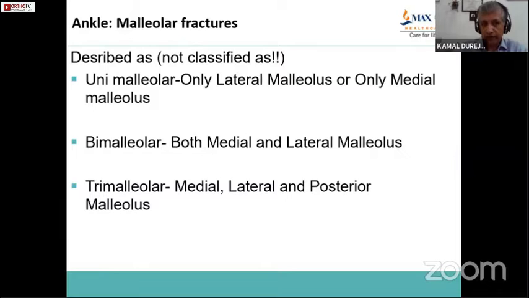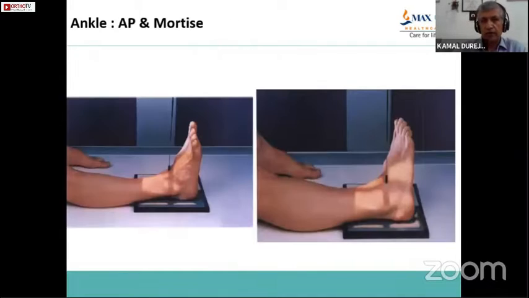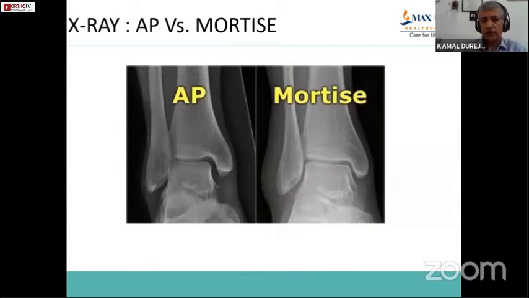Coming to malleolar fractures. Of course, we describe them as unimalleolar, bimalleolar, or trimalleolar, but what are we doing for them? We are doing routine AP and lateral views, and we are also adding a special view called a mortise view. Now, this mortise view is taken in 20-degree internal rotation, and this is how the AP and mortise views look. And what are we looking for in the mortise view?